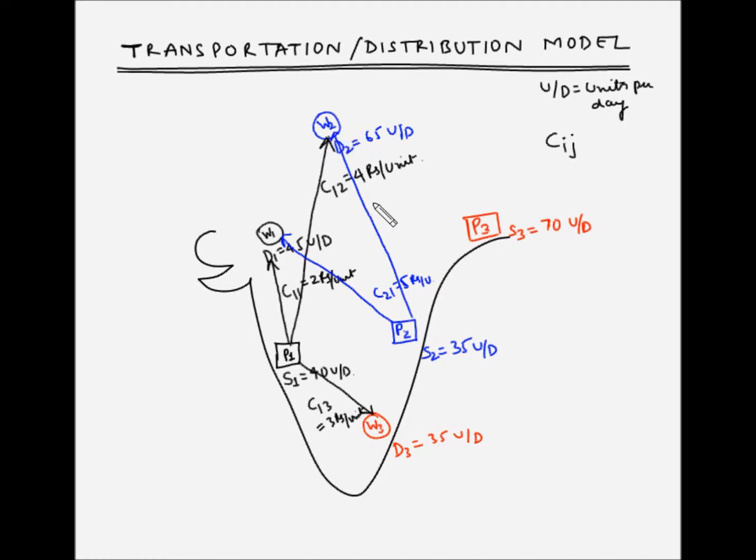So C22 is equal to 6 rupees per unit, and P2 to W3 is 3 rupees per unit. So C23 is equal to 3 rupees per unit. Now P3 to W1 is 8 rupees per unit.